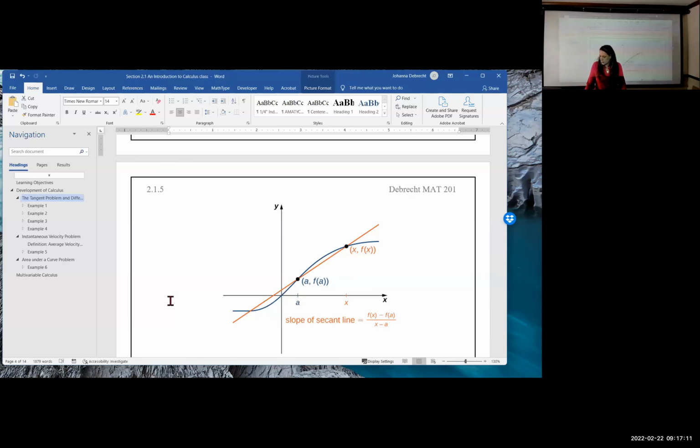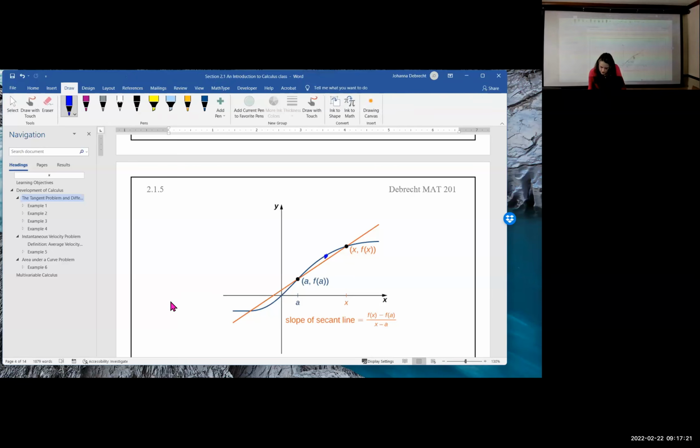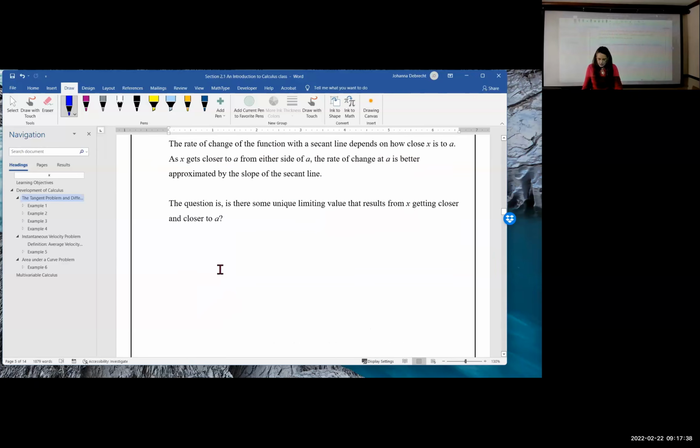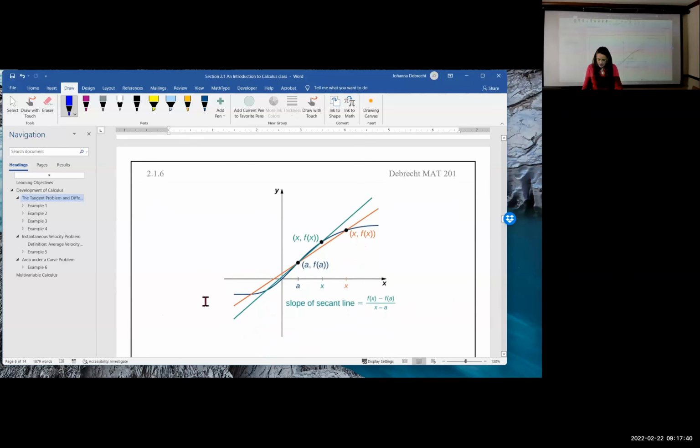The exact rate of change at A. Anybody want to take a guess? No? Visualize, if you will, another line that cuts through here. That's a better, right? What else? Is it tangent? Yeah, it's the tangent line. If we take the tangent line at A, that represents the very best rate of change.